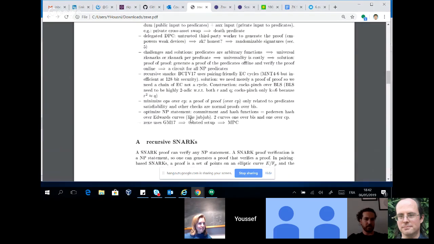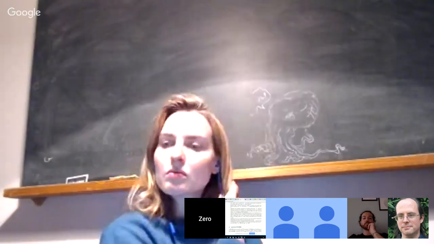So we constructed our first elliptic curve, a BLS curve that is highly two-adic with respect to both the group order and the field size. The BLS in ZeroCash, for example, is highly two-adic only with respect to the group order, because they do not care about the prime field size when doing FFT.